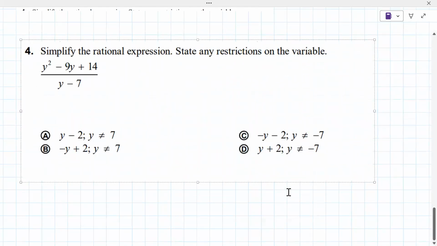All right, here we go. It says simplify the rational expression, state any restrictions on the variable.